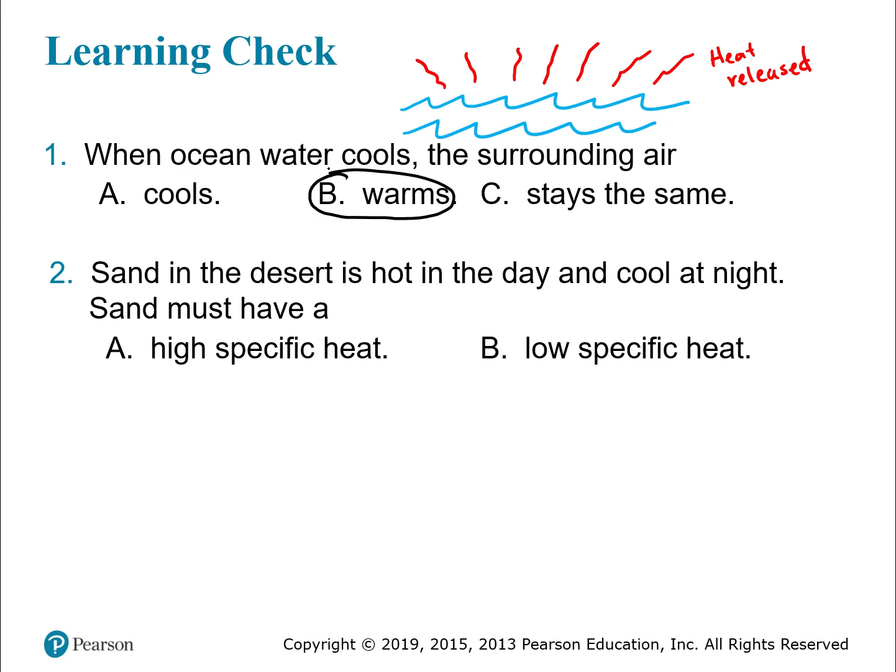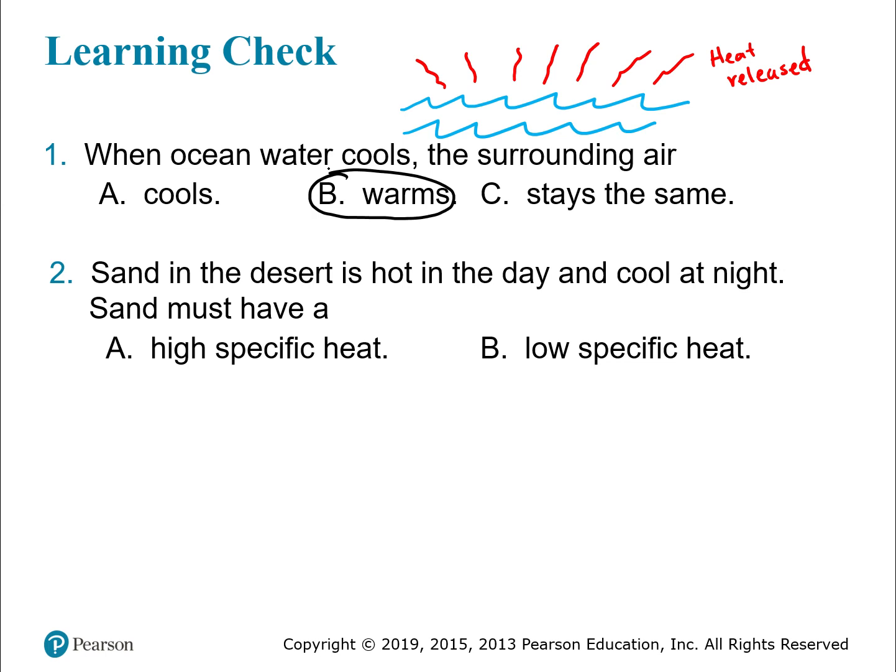Sand in the desert is hot in the day and cool at night. Sand must have a high specific heat or a low specific heat. Well, what does that really mean? If something can change temperatures pretty readily, like sand, it can get really hot and then at night, bam, it's cold. It must not require that much energy to change the temperature.